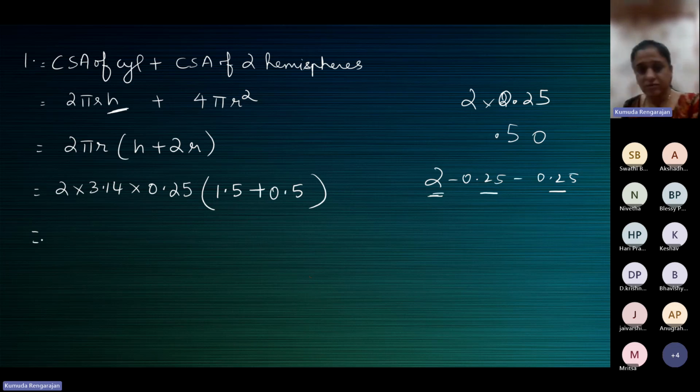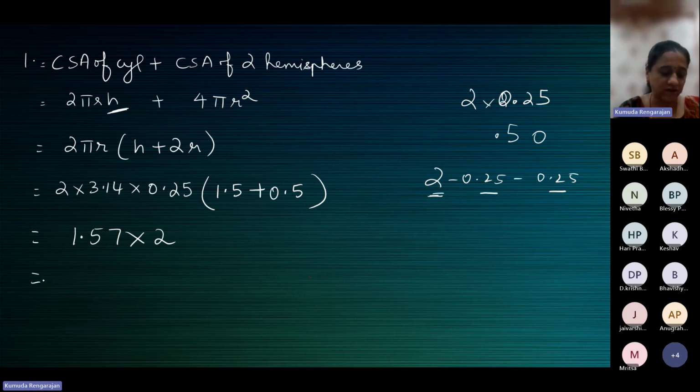So what does this give? 2 into 3.14 into 0.25 is 1.57, into 2. 1.5 plus 0.5 is 2.